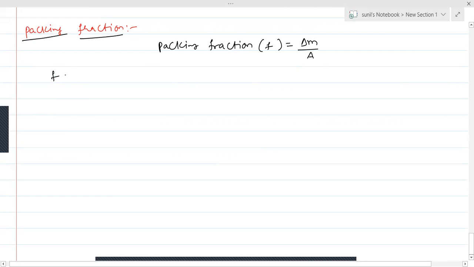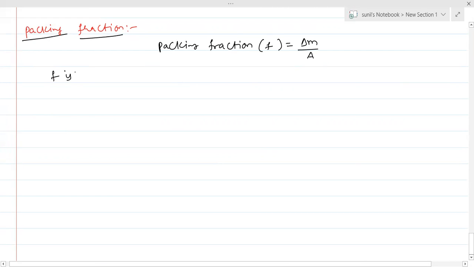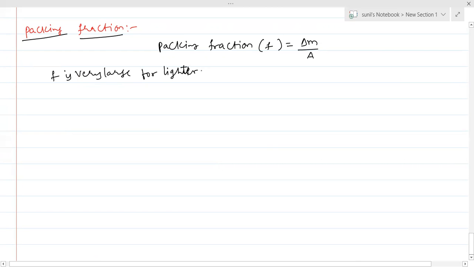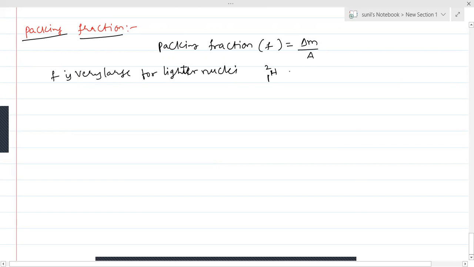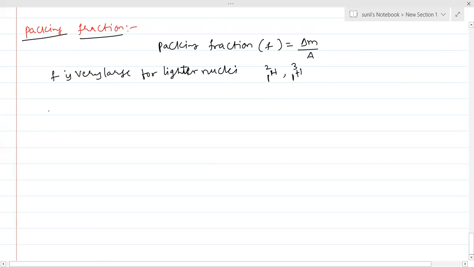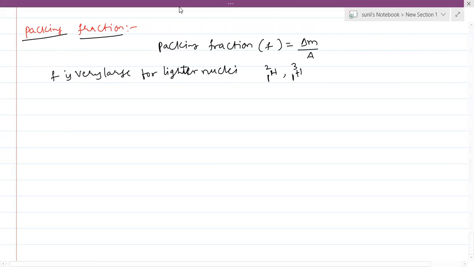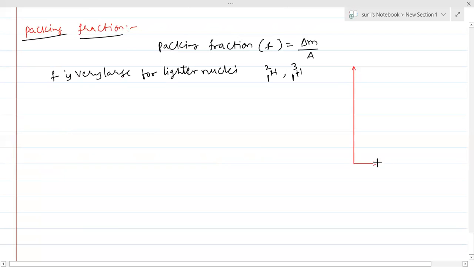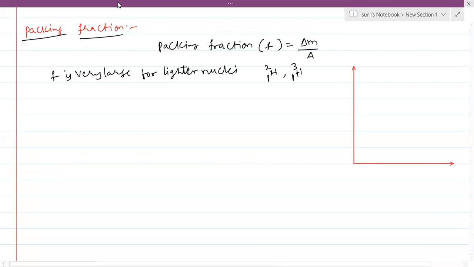From experiments, it is observed that f is very large for lighter nuclei, suppose if we take 1H2 and 1H3. Actually, we have a graph, and from the graph we can easily understand the relation for the packing fraction.